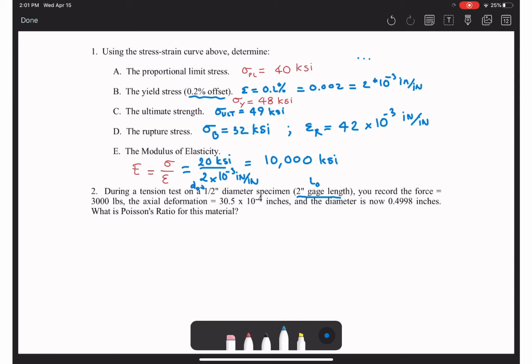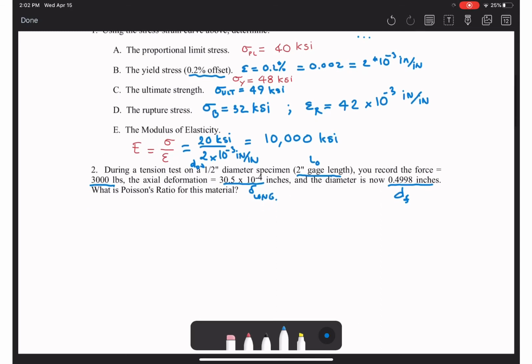You record the force 3,000 pounds. The actual deformation, so that is delta in the length, in the longitudinal axis. And the diameter now is that. So that is the diameter after the test, df, final diameter.